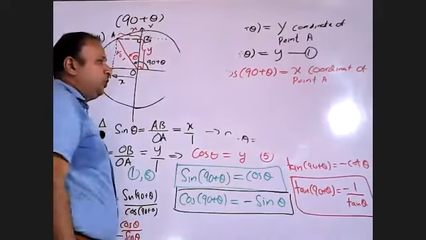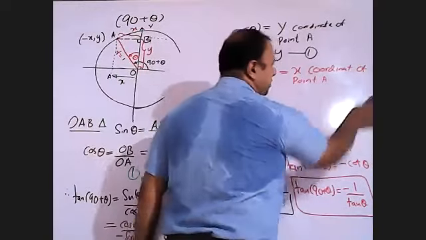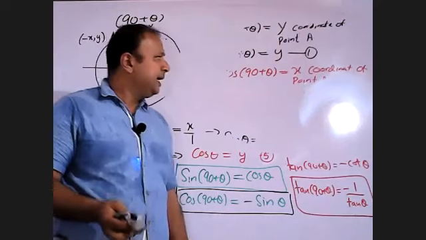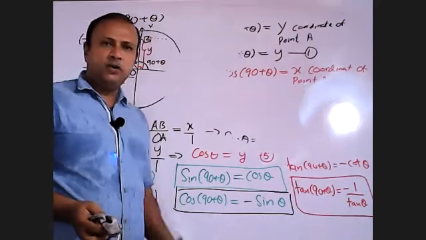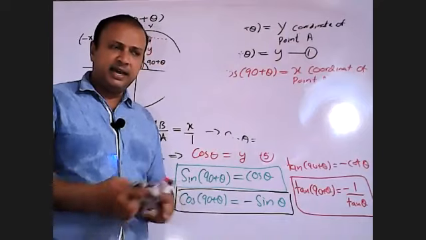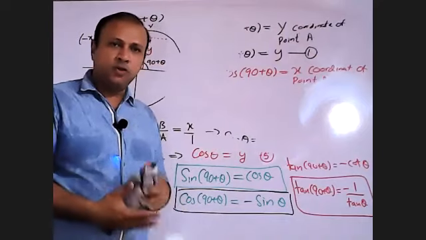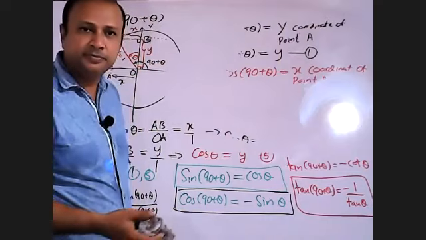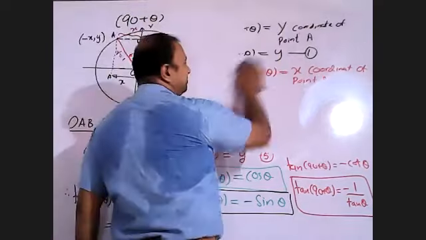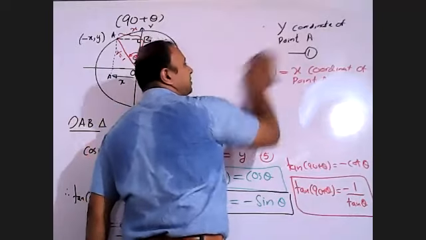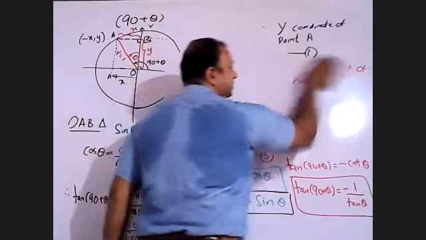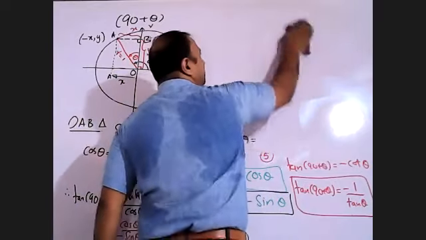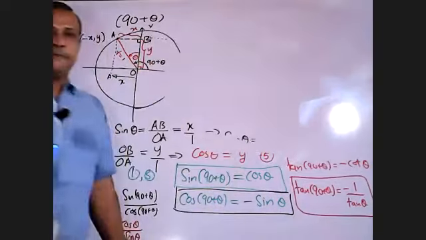Now we can continue the lesson from 270 plus theta. I think we have done up to 270 minus theta. I think it is number 6, no? Yes, sir, the sixth one.